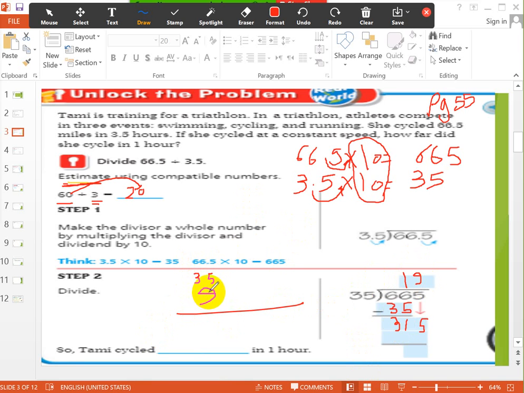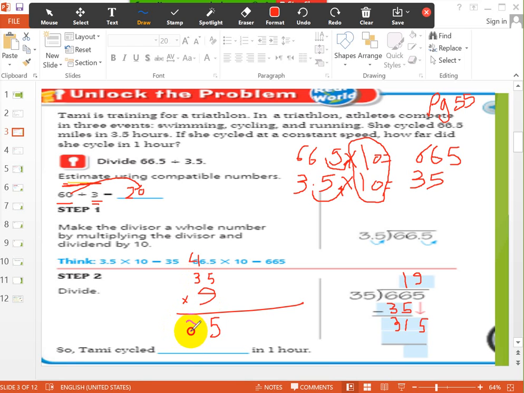Now 9 multiplied by 5 equals 45, right? Thank you. So I will put 5 here and 4 above the tens. Now 9 multiplied by 3 equals 27. Thank you, Lena. Plus 4 equals 27, 28, 29, 30, 31.